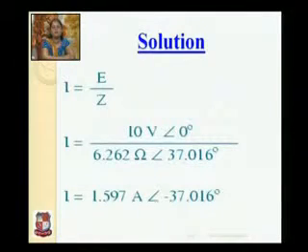Now you have to make the division. For division we prefer the polar form, and it is already given in polar form. So just divide the magnitudes: 10 divided by 6.26, your answer is 1.59, and 0 minus 37, so your angle is minus 37.016. So this is the current passing through the circuit.